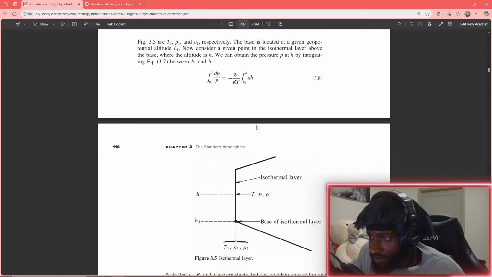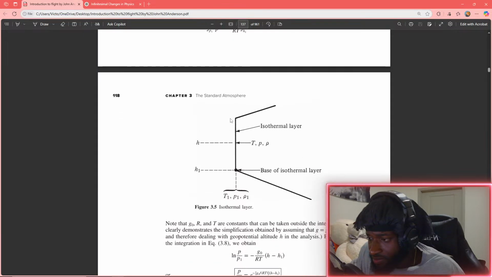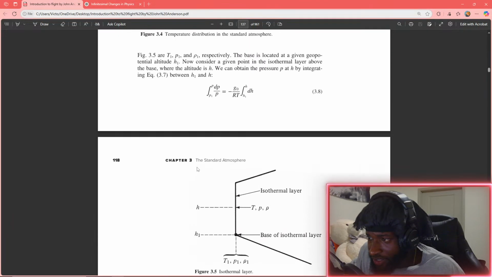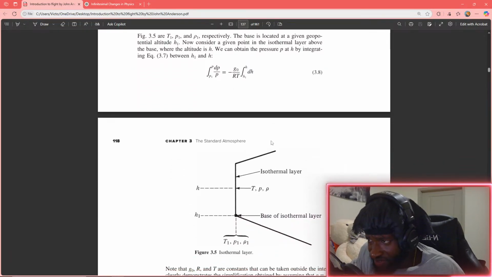Okay. T0. Performing the integration in 3.8, that just gives you 1.